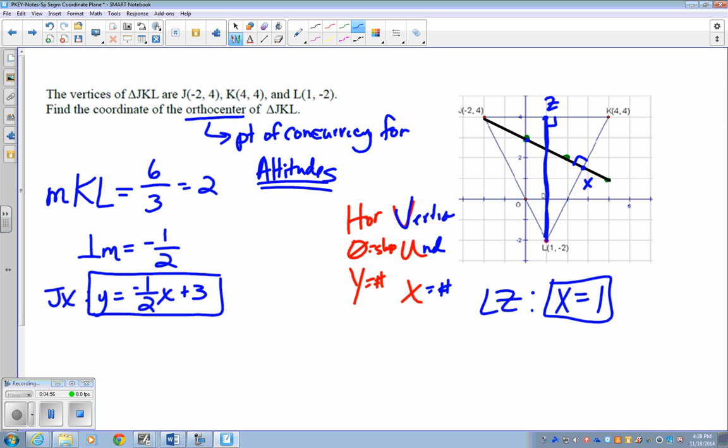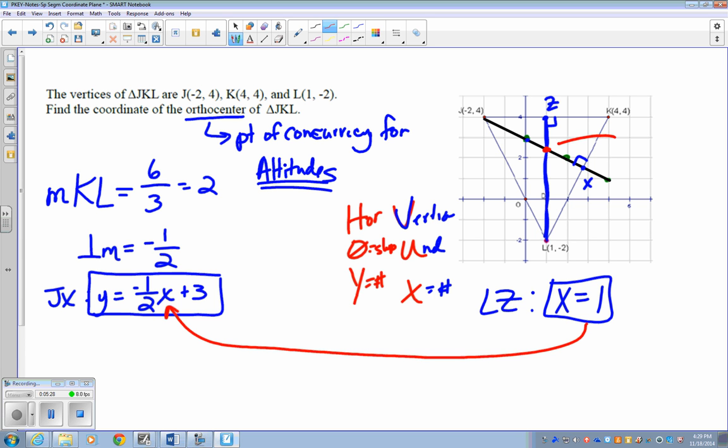Since I already see that the two altitudes are intersecting as such, I could stop right here because I know the other altitude is going to have to intersect at that point as well. Because I have a vertical line and I see that it's x equals 1, I can take that x equals 1 and plug it into my other equation and solve for y to find the coordinate of that orthocenter.